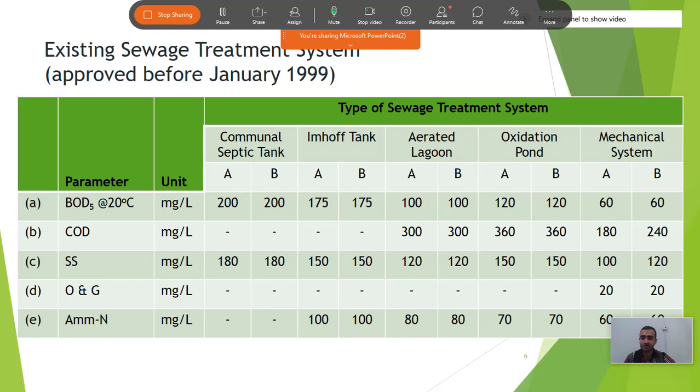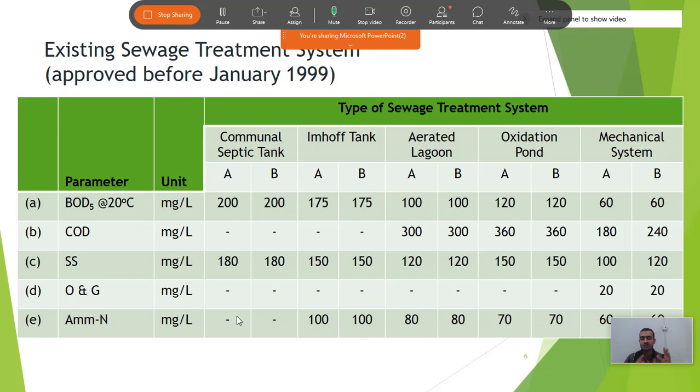So we continue here. These are standards for the parameters, but for each unit inside the treatment plant. Now the treatment plant is not only one unit, as you know, and we will discuss in detail after that.